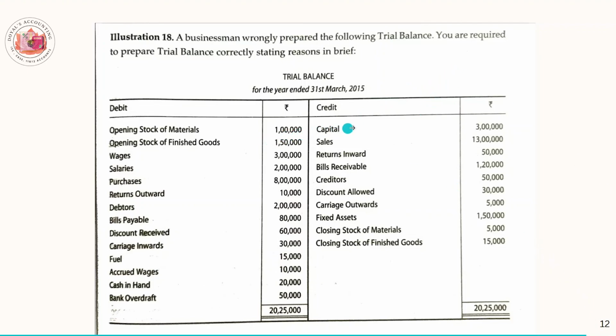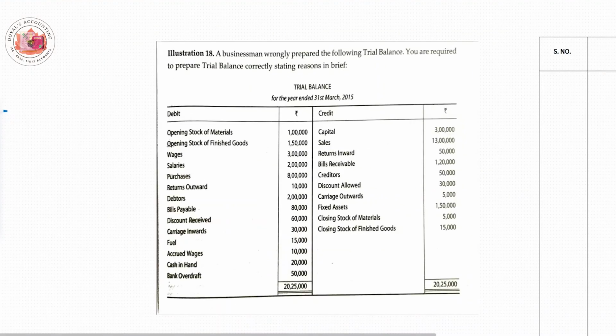Let's see on our credit side. Capital 3 lakhs fine, sales. Returns inward is nothing but sales return, and sales return always has a debit balance, so this goes here. Bills receivable is an asset, it won't have a credit balance. Creditors is fine. Discount allowed in nature is like a loss for the business, so that will have a debit balance and not on the credit side. This businessman doesn't really know a lot of accounting, does he?